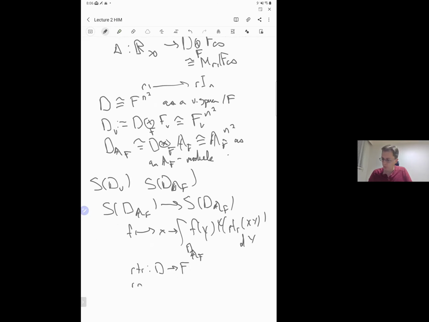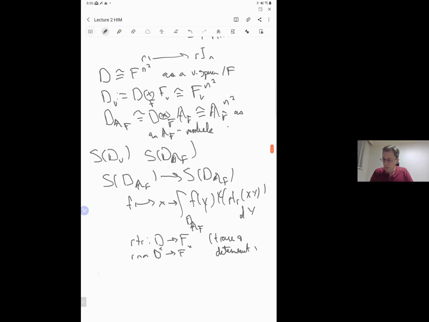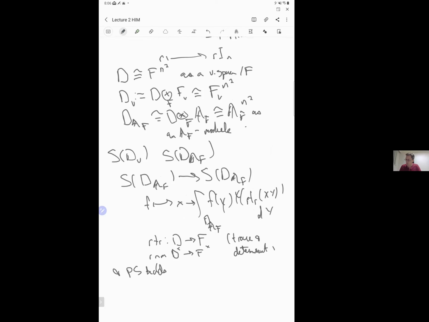There's also a reduced norm, which you should think about as being just the determinant. And you have Poisson summation. Poisson summation holds because all of this information is just saying something about what's going on at the level of a vector space.